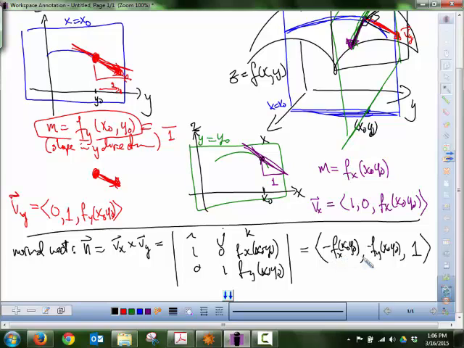Yeah, there was a little x in there, I just couldn't see it. So that's your normal vector.